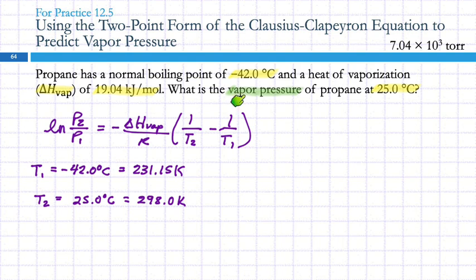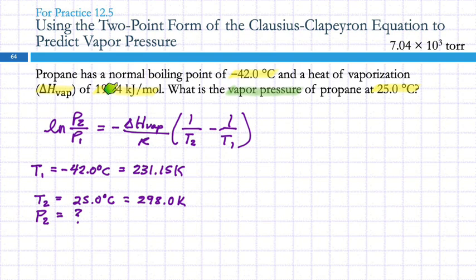We want the vapor pressure that goes with temperature 2. So we're looking for pressure 2. But they didn't tell us what pressure 1 was. What does normal boiling point mean? 100 Celsius? Well, for water it would be. But remember, boiling point depends on pressure.